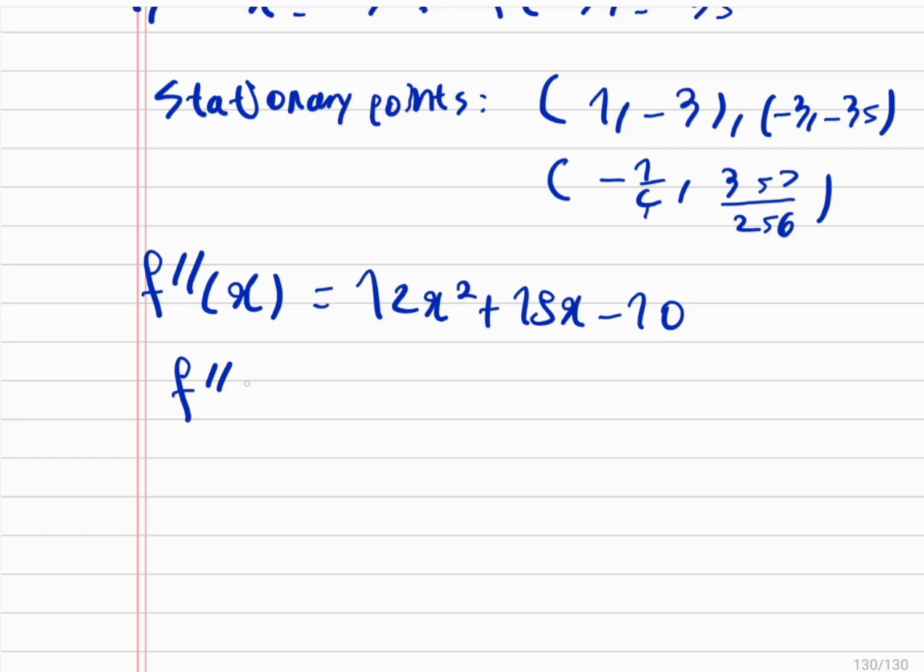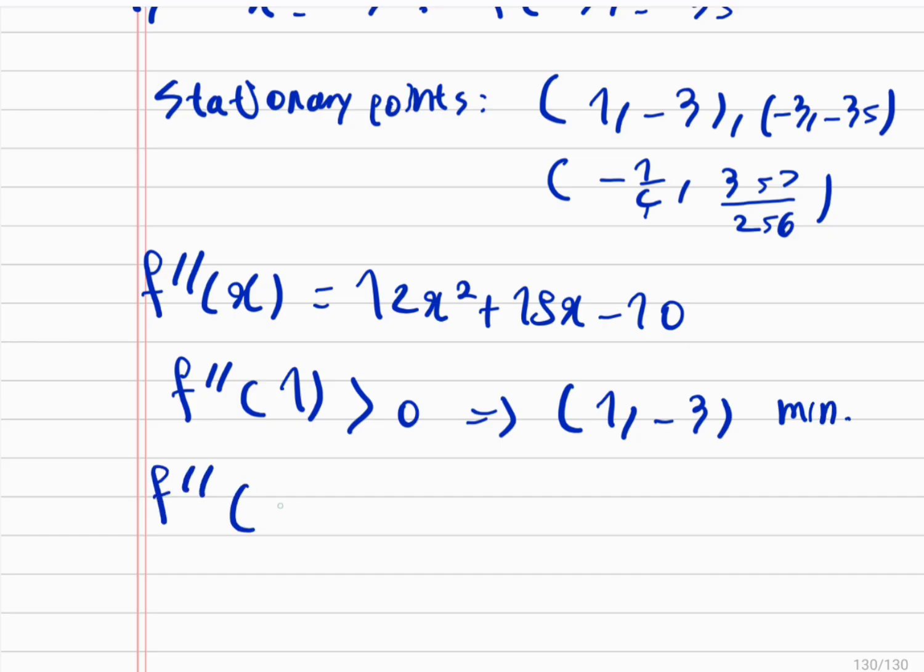So for example, f double dash of 1 is greater than 0. So that means the stationary point (1, minus 3) is a minimum point. So f double dash of minus 3 is greater than 0, so it's again another minimum point.